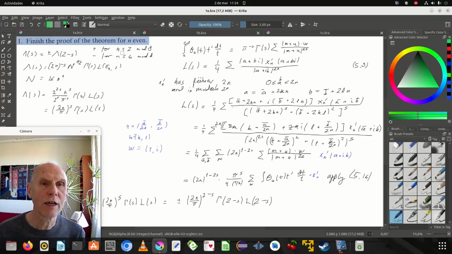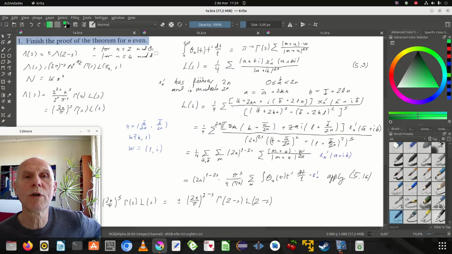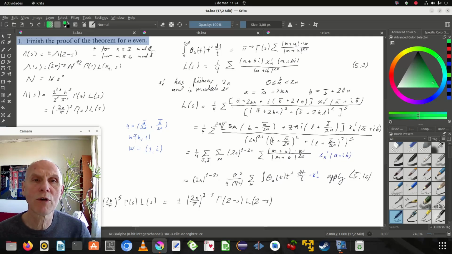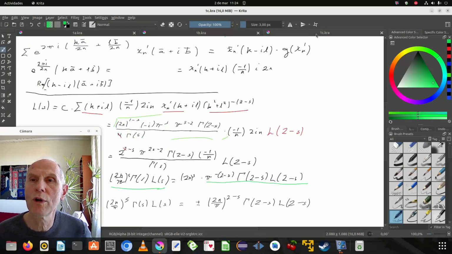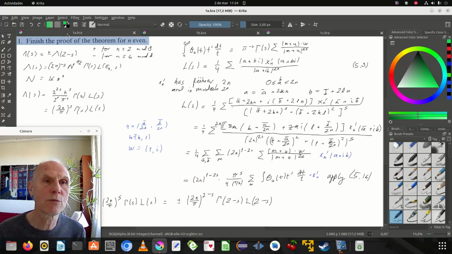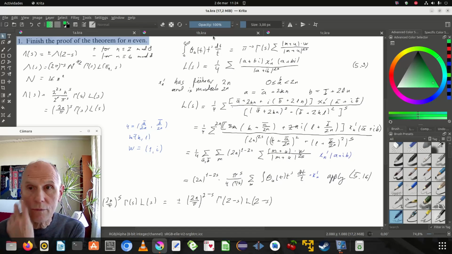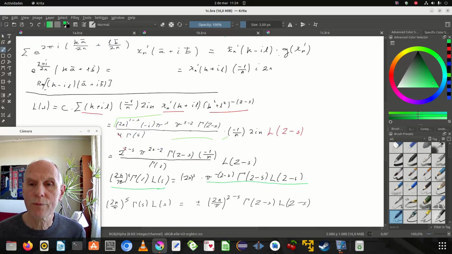And then when n is equivalent to 2 modulo 8, then n halves is equivalent to 1 modulo 4, so that gives a plus. And when n halves is equivalent to 3 modulo 4, then this factor gives minus 1, as it should. You can easily find the factor n yourself.